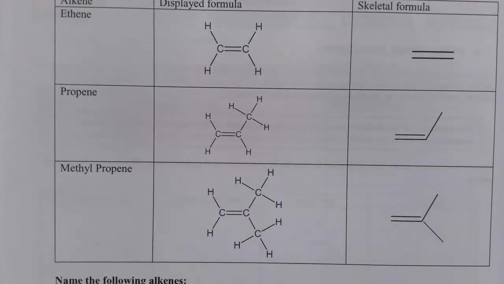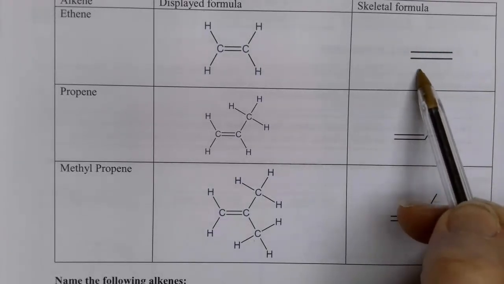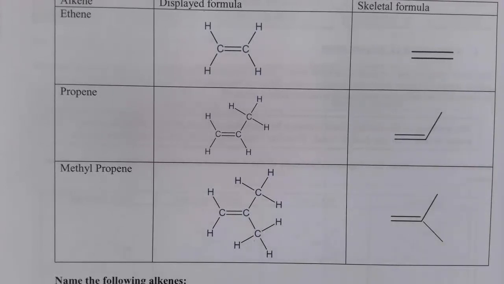But if you want to, you could also call this 2-methyl propene. Showing it as skeletal formulas, you simply show it as a double line representing the double bond. So again, there are my displayed and skeletal formulas for the first 2 and the first branched alkene.